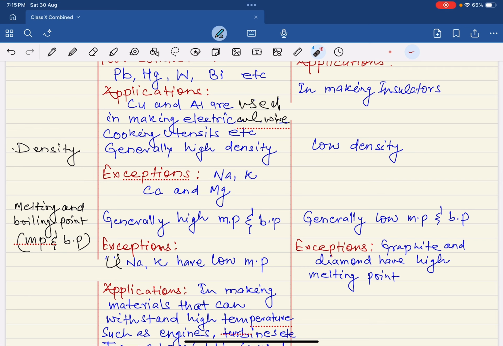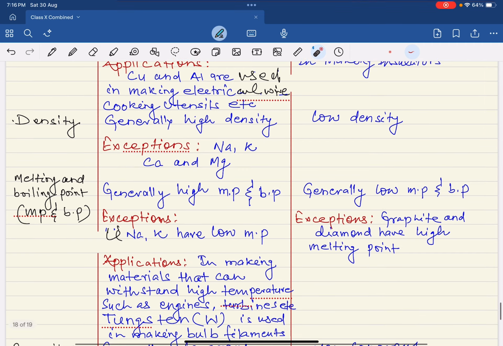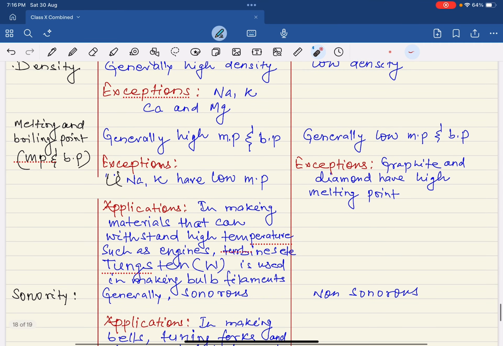Exception in non-metals: graphite and diamond have very high melting points, because they are allotropic forms of carbon. Then applications. Metals are used in making materials that can withstand high temperatures, such as engines, turbines, etc. Tungsten is used in making bulb filament.